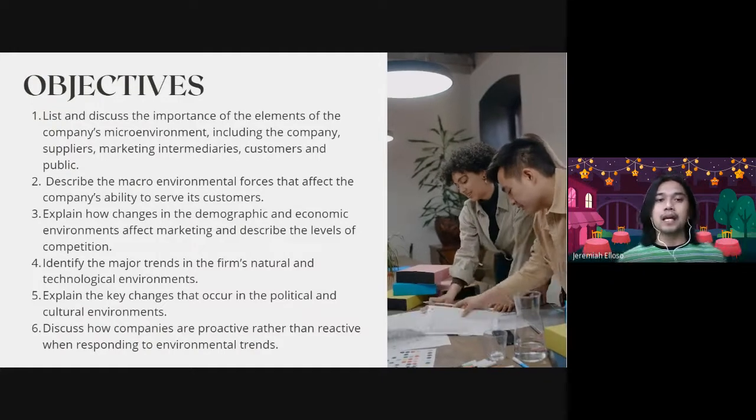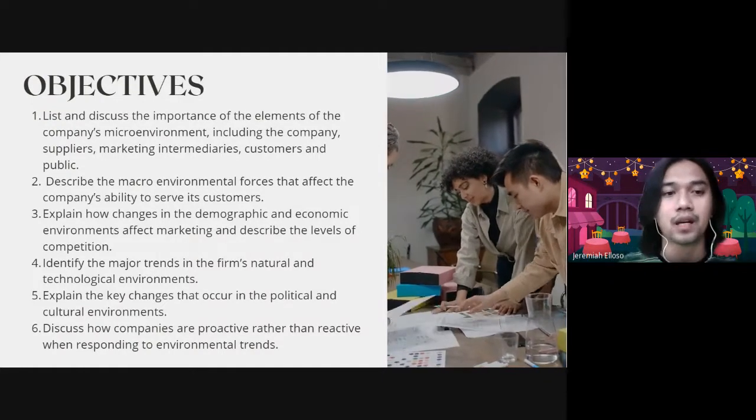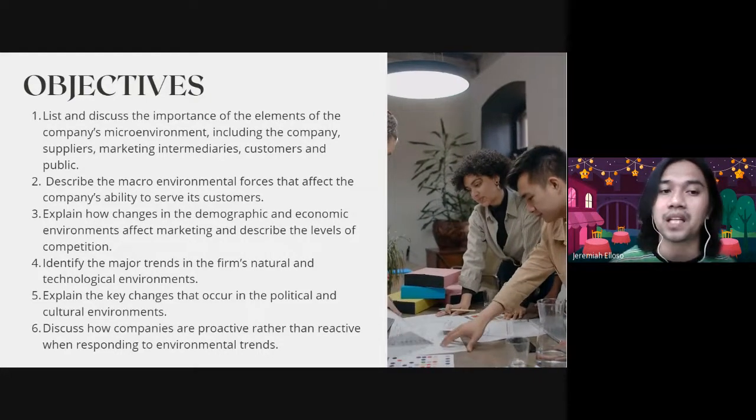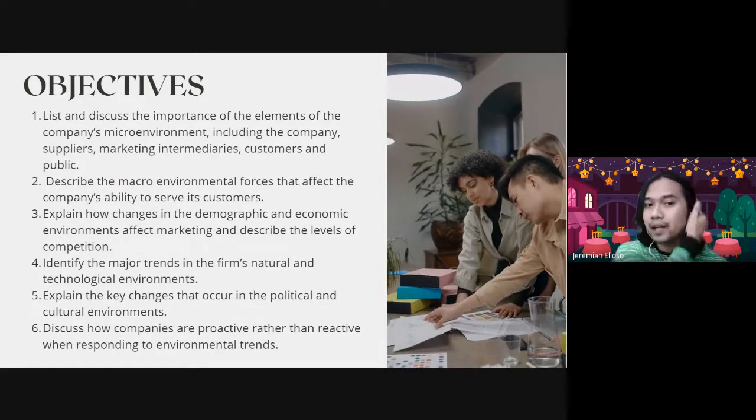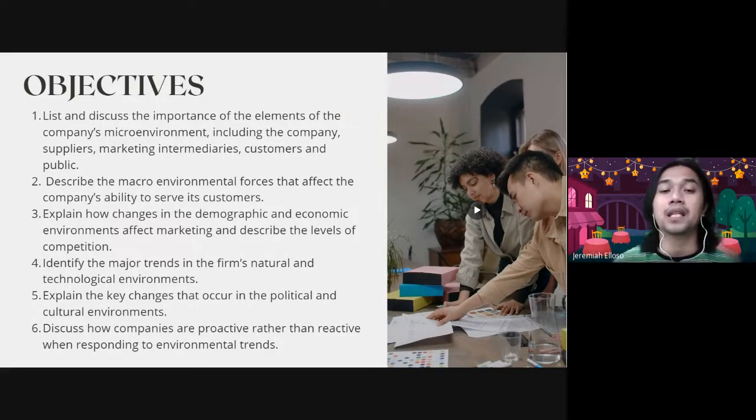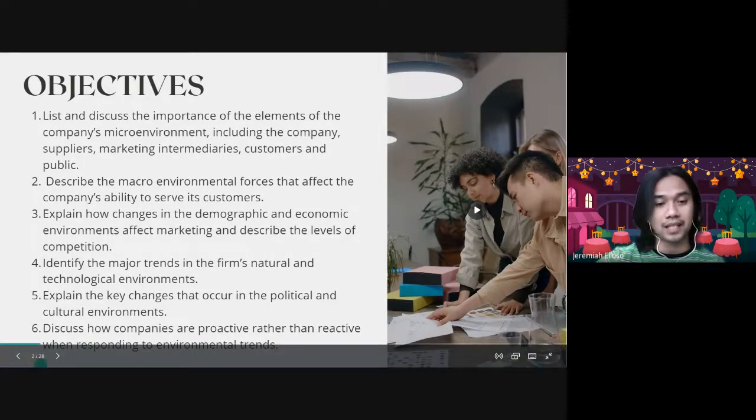Our objective is to discuss the importance of elements of the company's micro environment, including the company, suppliers, marketing intermediaries, customers, and the public, and describe the macro environmental factors that affect the company's ability to serve its customers, and explain how changes in the demographic and economic environments affect marketing, and describe the levels of competition, identify the major trends in the firm's natural and technological environments, explain the key changes that occur in the political and cultural environment, and discuss how companies are proactive rather than reactive when responding to environmental trends.